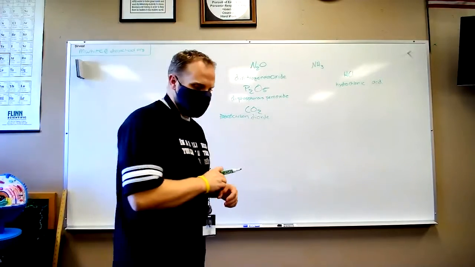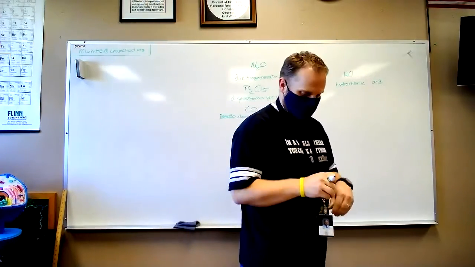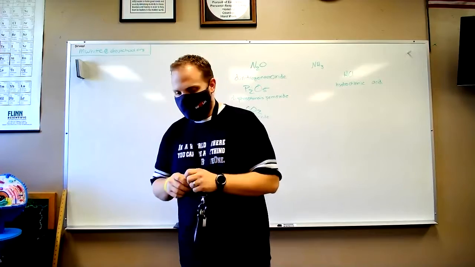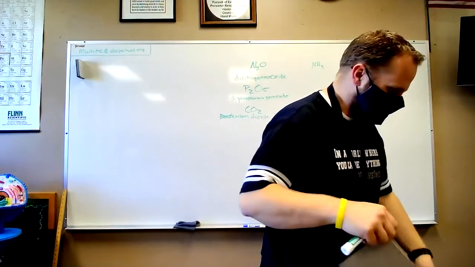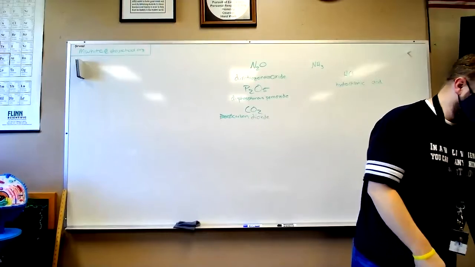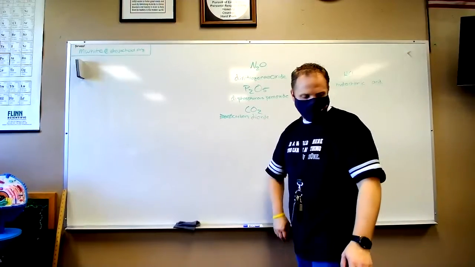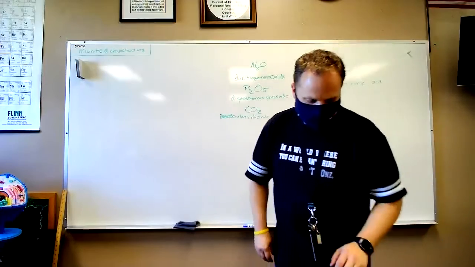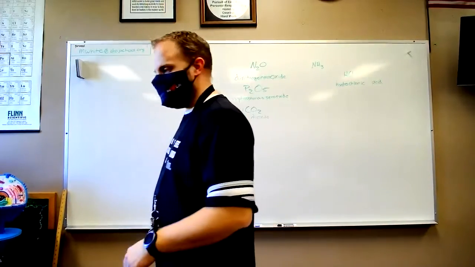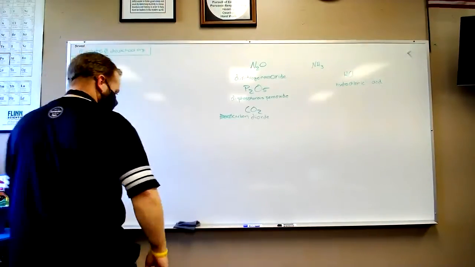But I'm more concerned about some stuff that we want to talk about now. Let's move into section 3. So section 3, getting into molecular structures. We want to know the shapes of these different molecules.